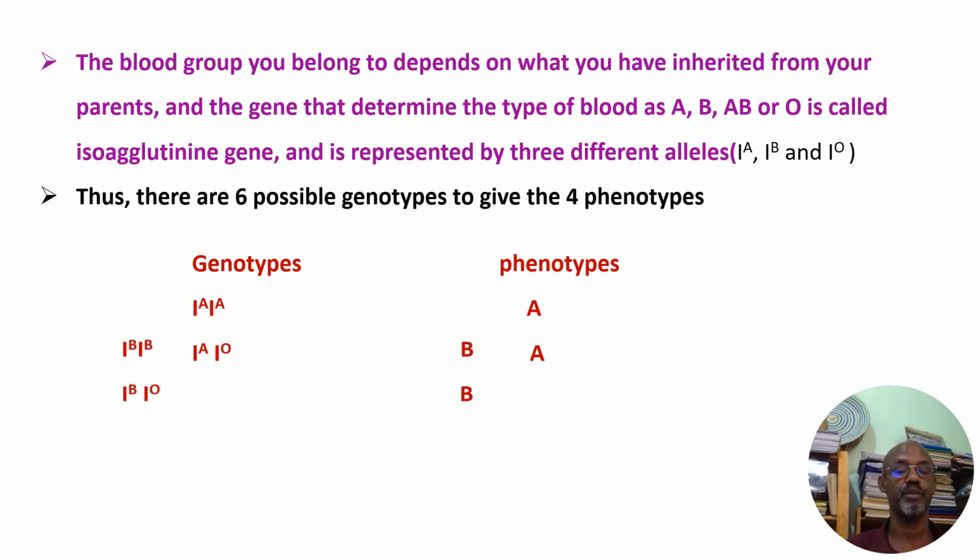These are the 6 genotypes and the phenotypes you can see. AA, 1 phenotype. BB, 1 phenotype, B type. AB, 1 phenotype. 4 different phenotypes, of course. You call this one homozygous A, this one heterozygous A, this one homozygous B, this one heterozygous B.